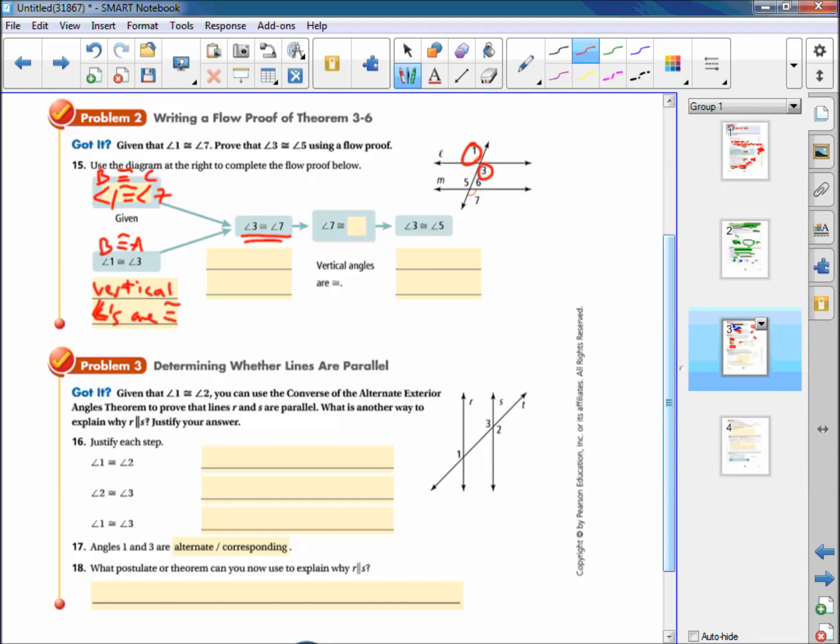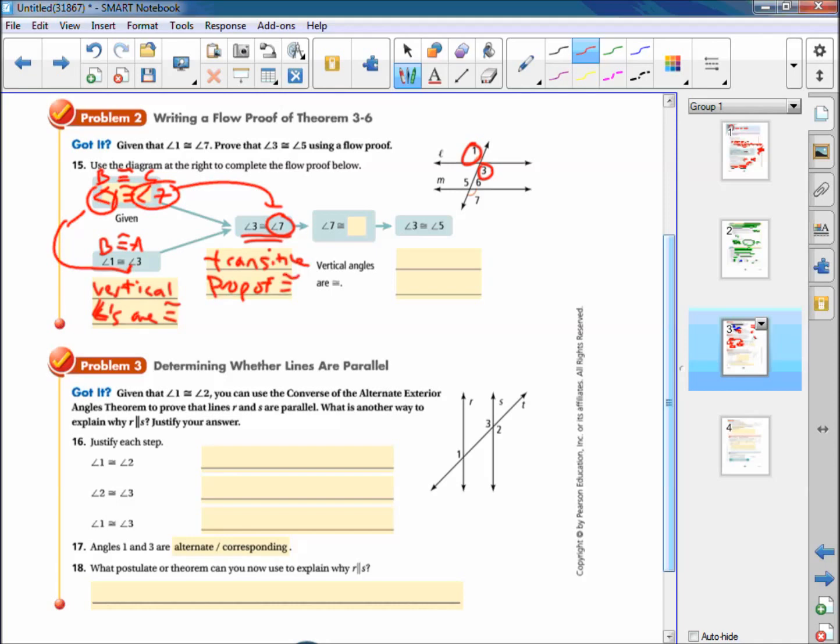So in place of, let's see, 7 is here. So in place of 1, we're going to put 3. So 7 stays from this part. And we replace this 1 with that 3 because 1 and 3 are the same. I'm going to go with transitive property. You'll see that more often in the answers for the book. But either one is fine.